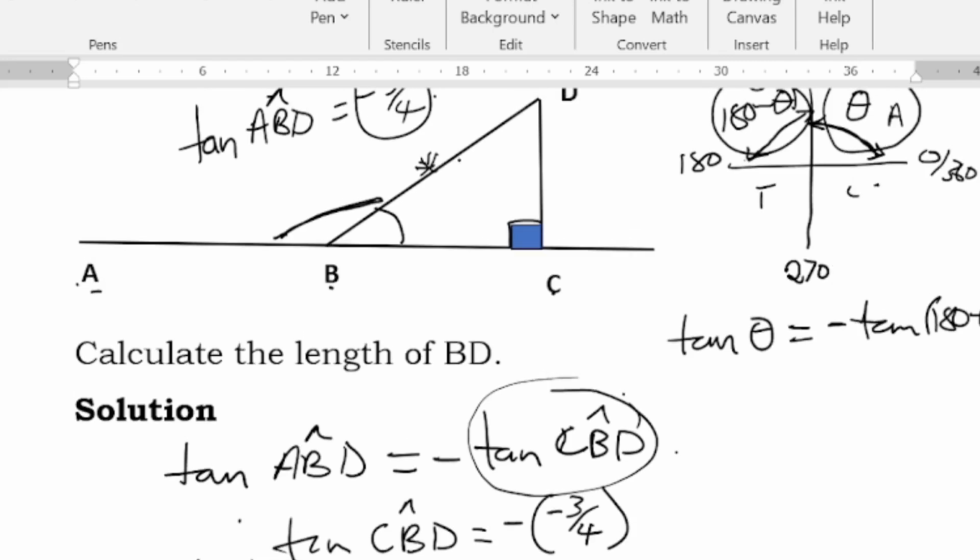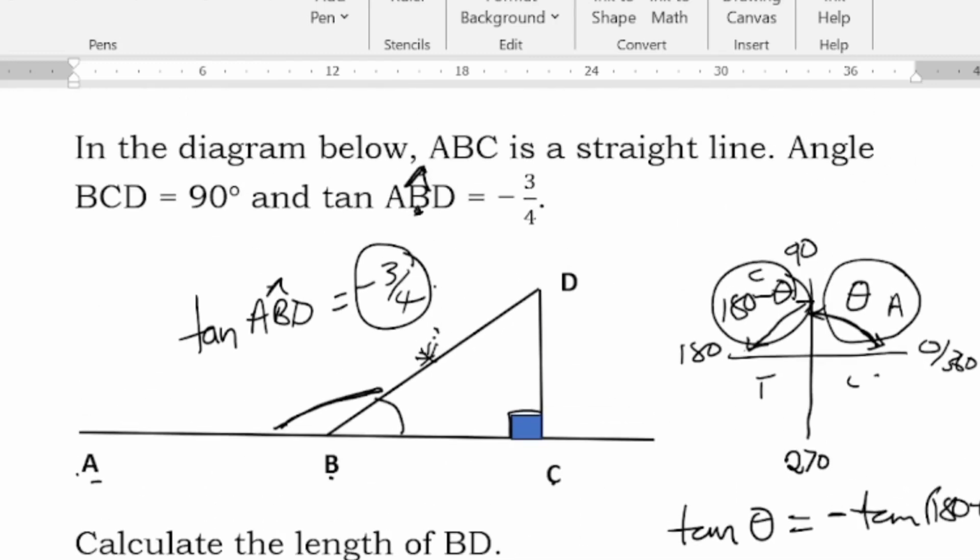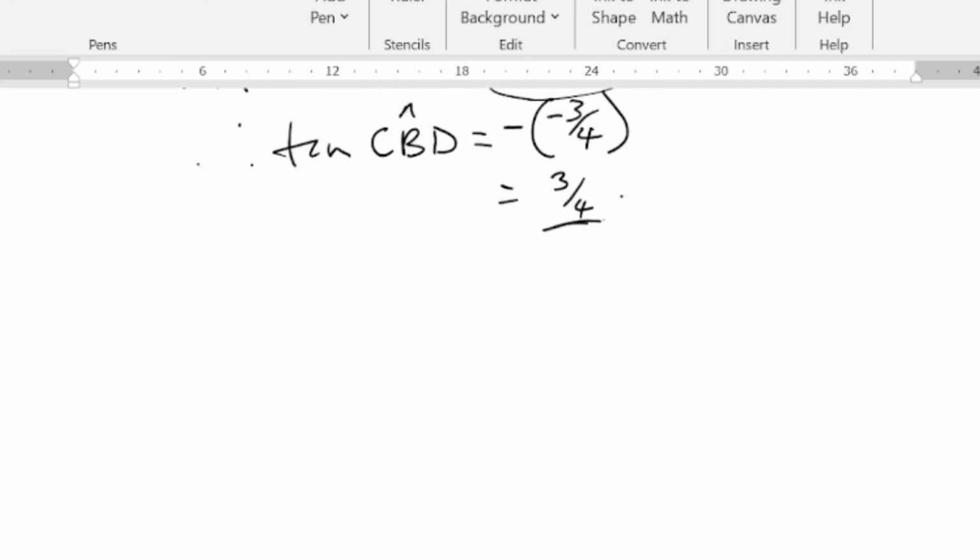So now, how do we find the length? There is something that you need to see here, very, very important.